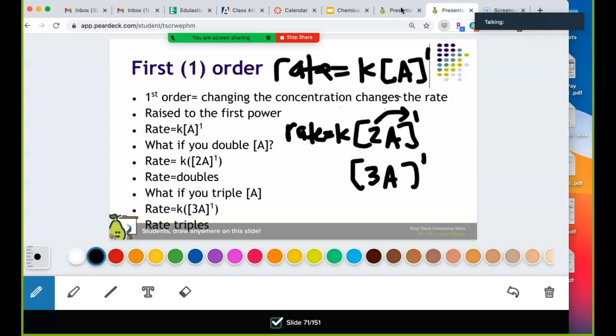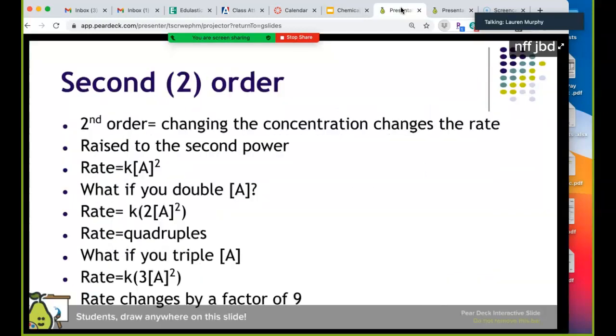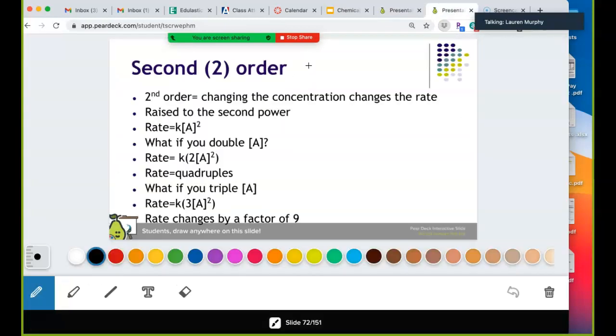Okay. It gets harder when it's second order because now my exponent is a 2. So if you go to write a rate law that's second order, your exponent is a 2. Well, uh-oh.